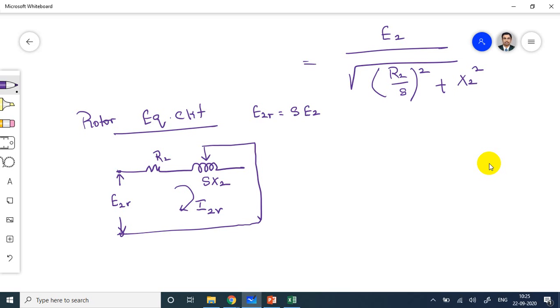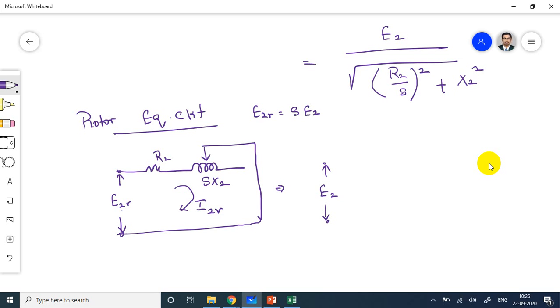At that time this notation comes to E2, because E2R is the rotor induced EMF at running condition. When the motor is not in running condition, the notation we have to represent is E2.